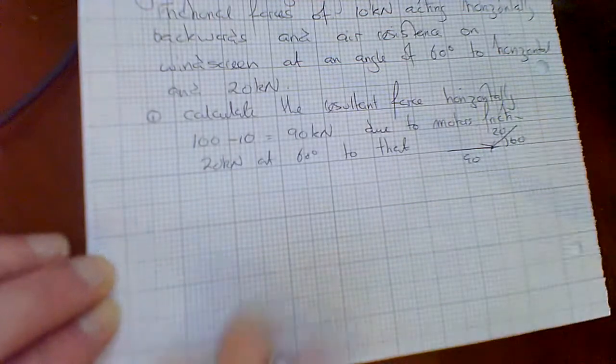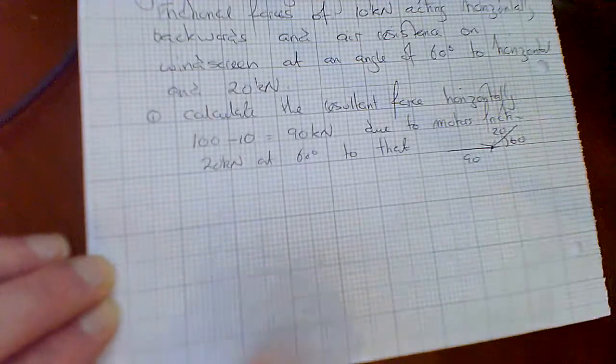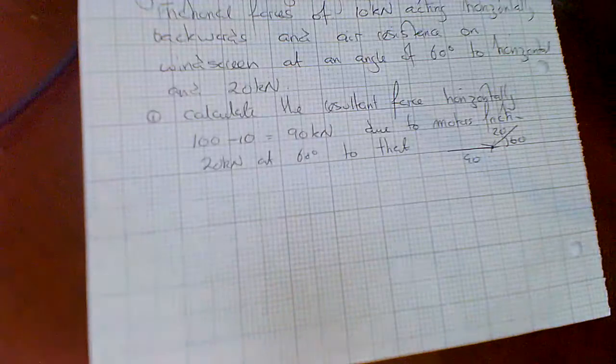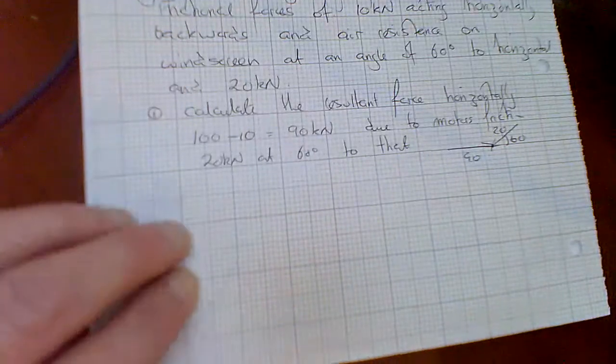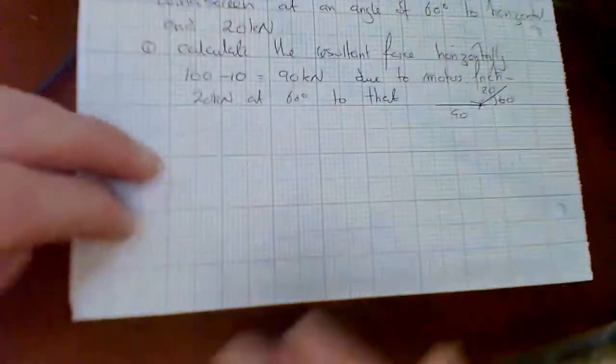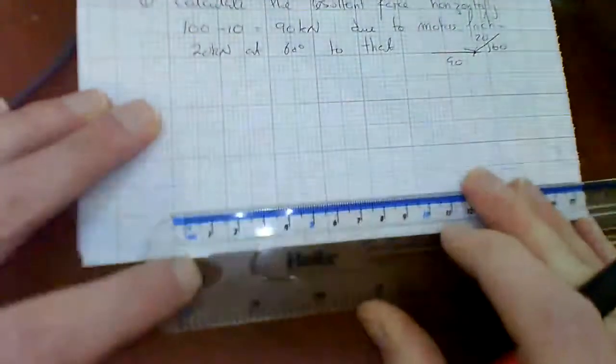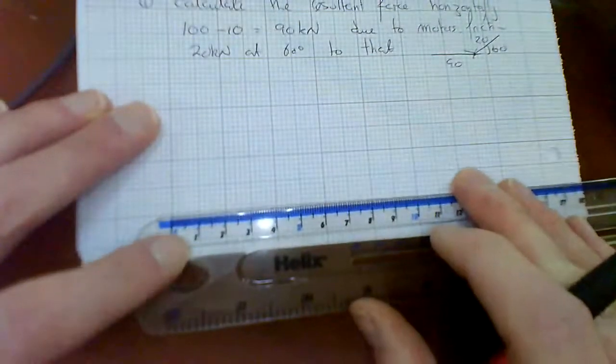That's kind of the way I'm thinking, but now I have to draw it properly. So I'm going to say 9 centimeters, so 1 centimeter to 10 kilonewtons. So let's do that.